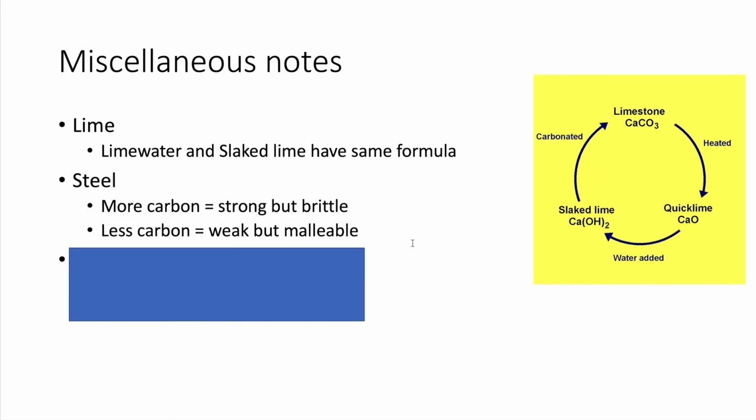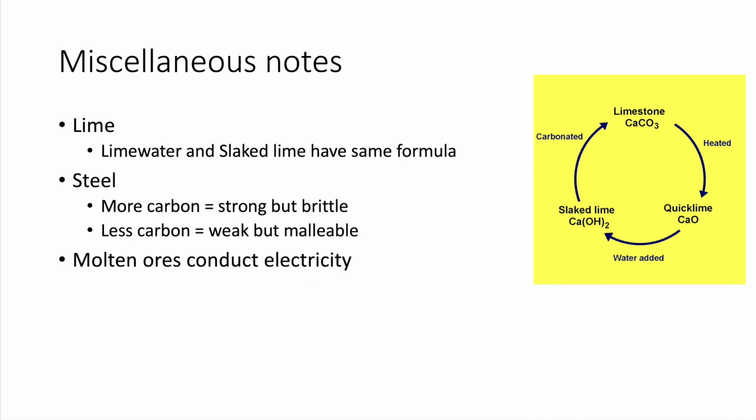And for the topic of the alloys, if you add more carbon proportion in your steel alloy, you get a strong steel but brittle, or if you reduce the carbon proportion in your steel alloy, you'll get a weaker steel but malleable. Molten ores can conduct electricity because of the free moving electrons and cations.